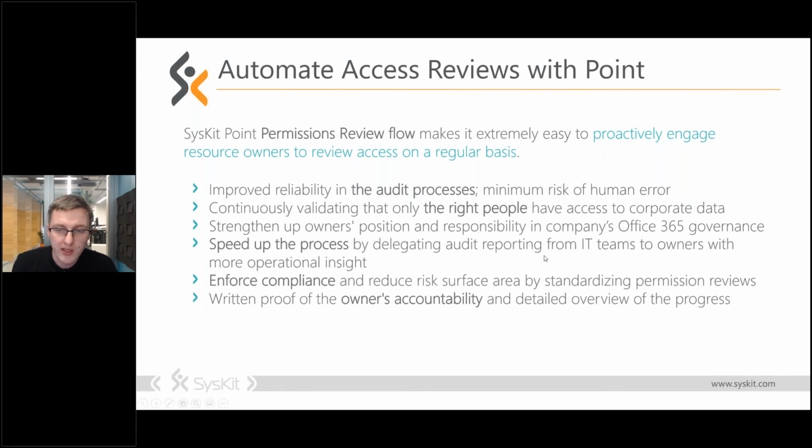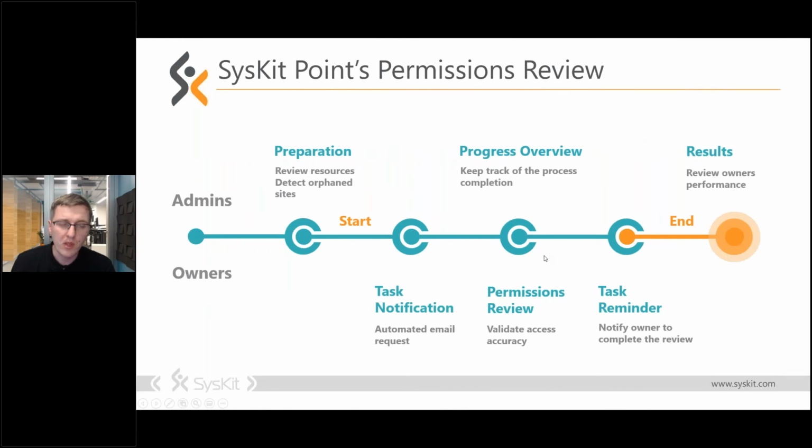So how does this work in short? So you have the admins on the one side and you have the business owners. So admins have to initially set it up, and once they set it up, it will automatically trigger. And owners will get email notifications that they have to perform their review. And if they don't do it, they of course will get some reminders.